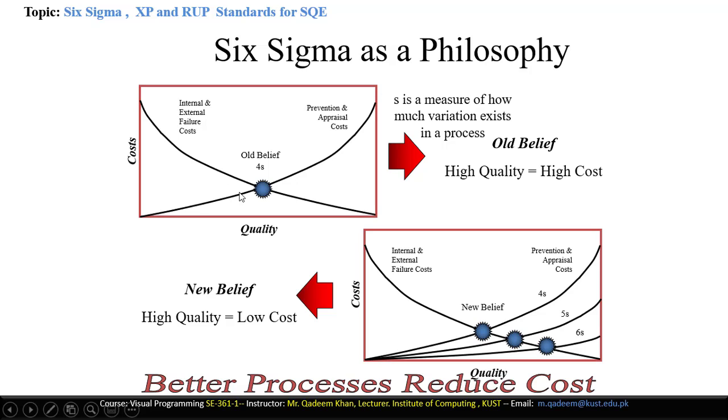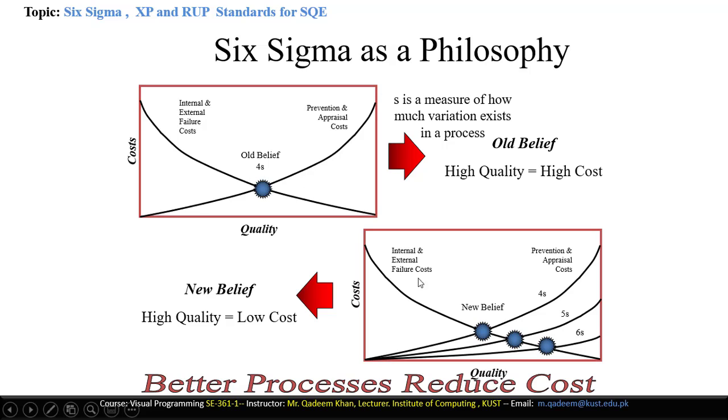But Six Sigma shows that if we decrease the cost of failures, the cost incurred on the occurrence of failures, then automatically we will get high quality.